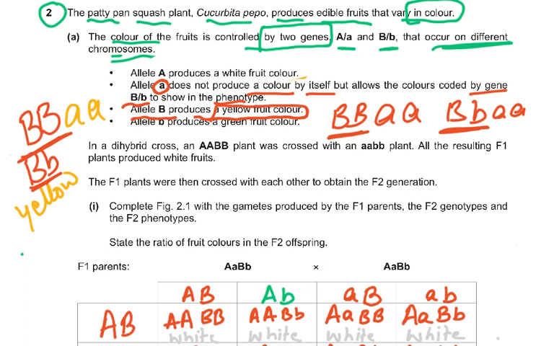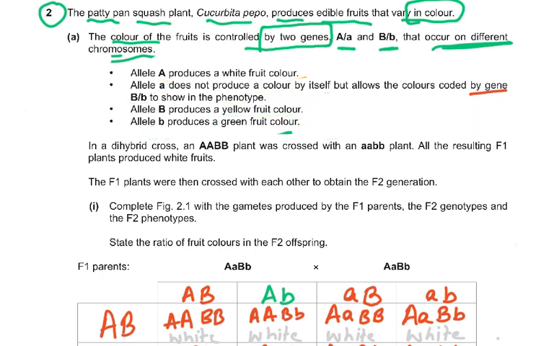Small b results in a green color. That is the information given to us in the question. So this is how you first understand the question and then proceed to do it. This is the story you must tell yourself whenever you read a genetics question.